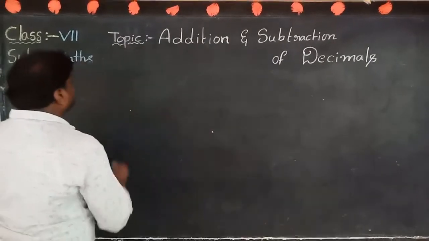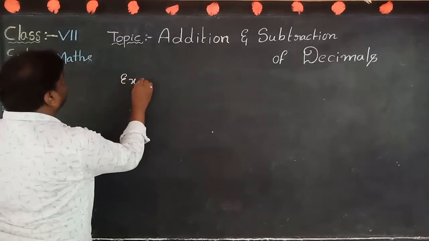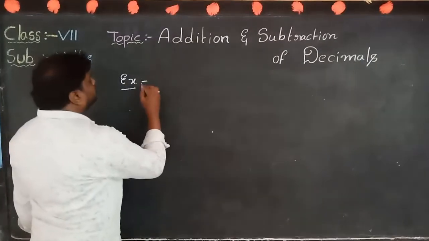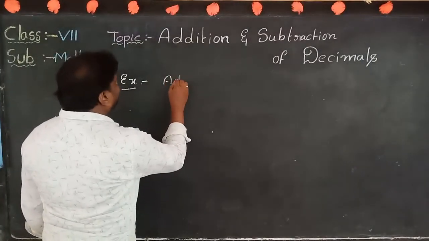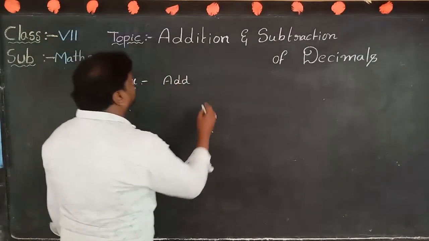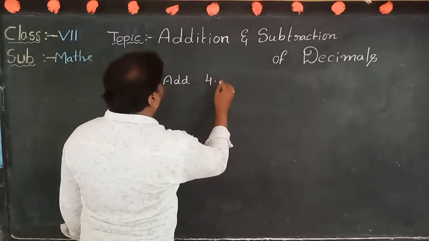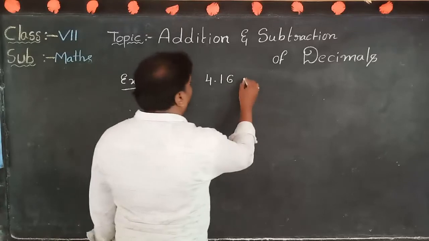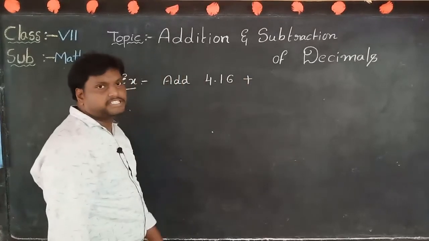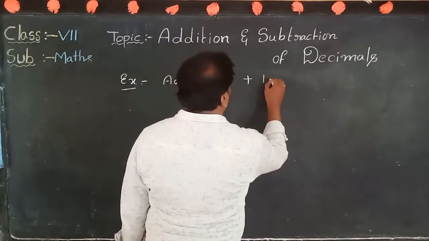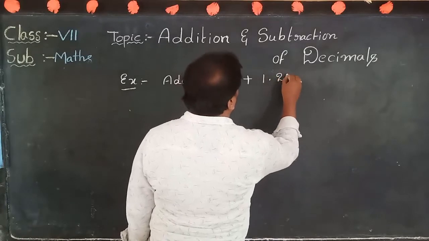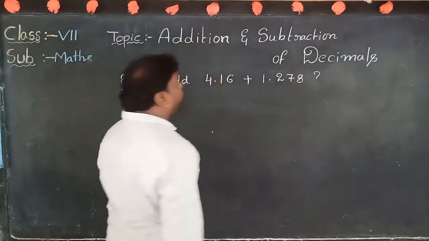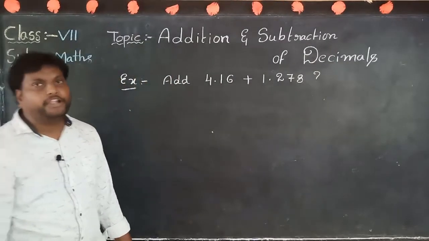Next example, just observe. Add 4.16 plus 1.278.